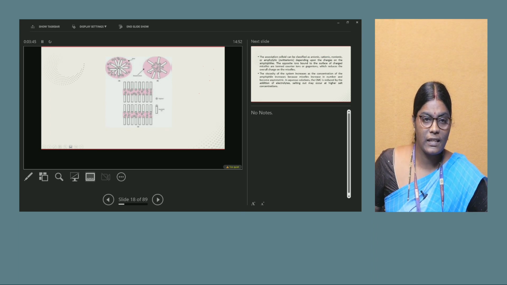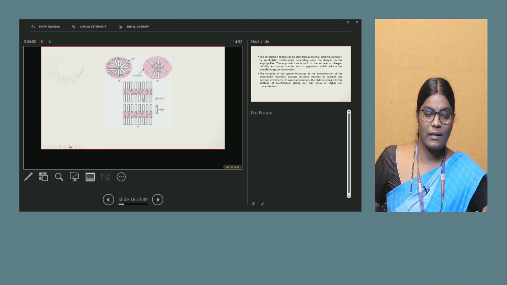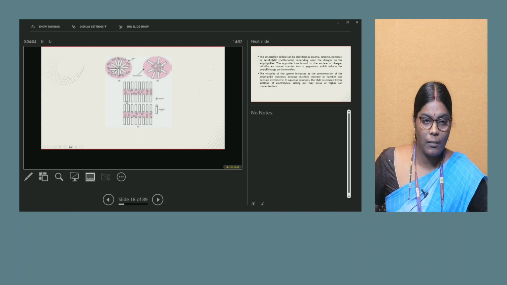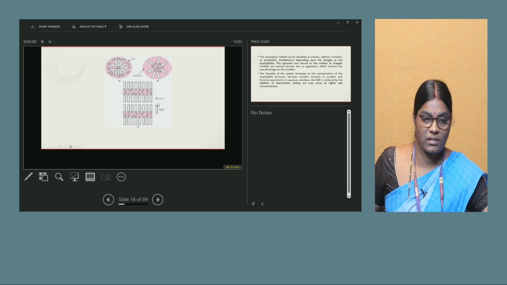This is the micellar that is formed when the external medium is non-aqueous, that is oil, and internal medium is water, that is hydrophilic heads are inside, lipophilic tails are outside. And these are the lamellar micellars. Lamellar micellars means the micellar structure is not a spherical one, it will form a lamellar-like structure.